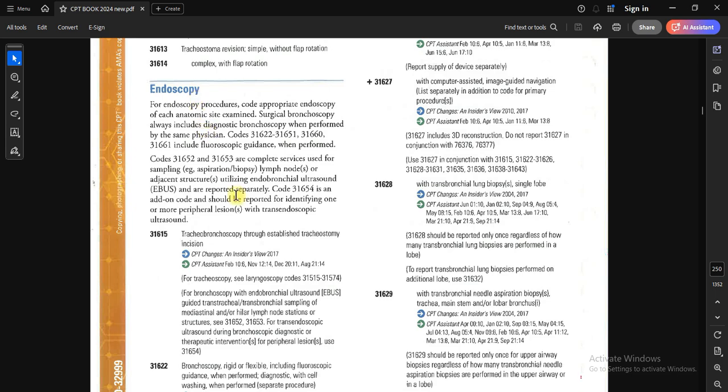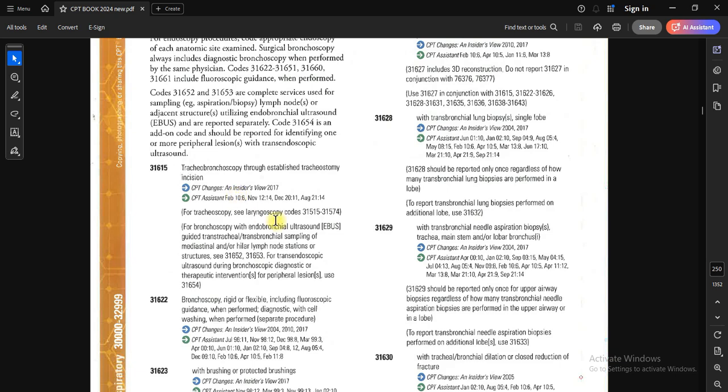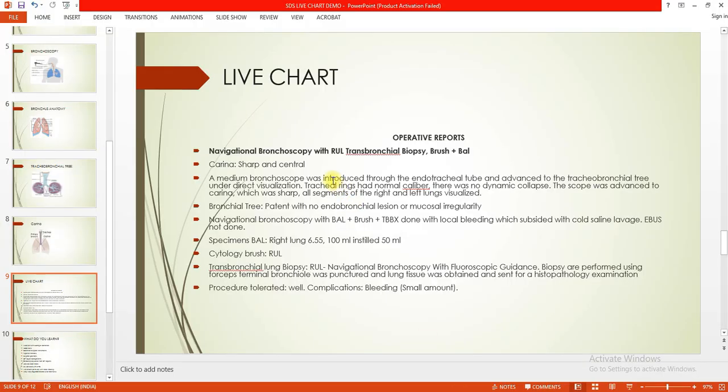First, what did the physician perform in the operative report? What is the first procedure, guys? Navigational bronchoscopy. Yeah. Anyone we can code. Biopsy. Yeah. First, we need to code minimum codes.